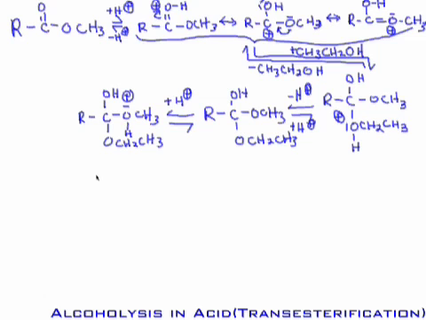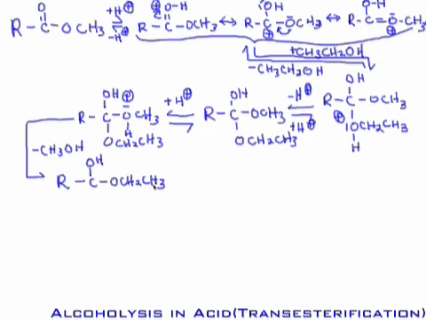So that when we kick this guy out, minus CH3OH, we will get R-C-OH, OCH2CH3, positive, which of course is resonance stabilized. Dump those electrons in.